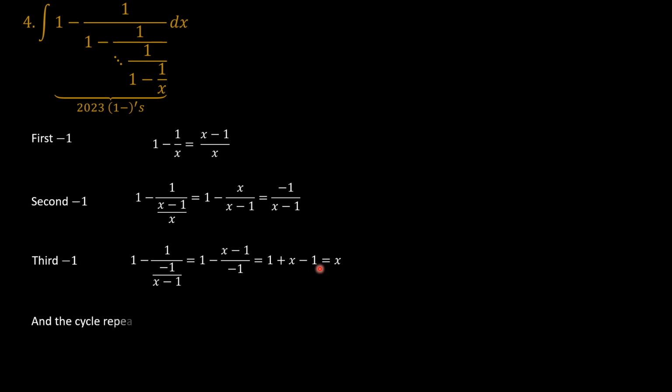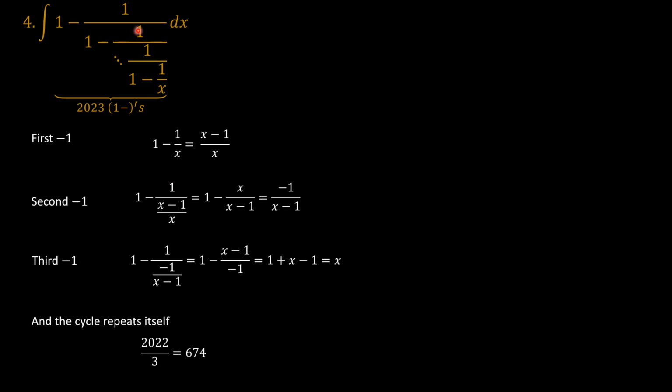And the cycle just continues as I've mentioned. Now, since we have 2023 here, up to this point we have 2022. And since 2022 is divisible by 3, as we've seen here, the cycle repeats every 3 computations upwards.